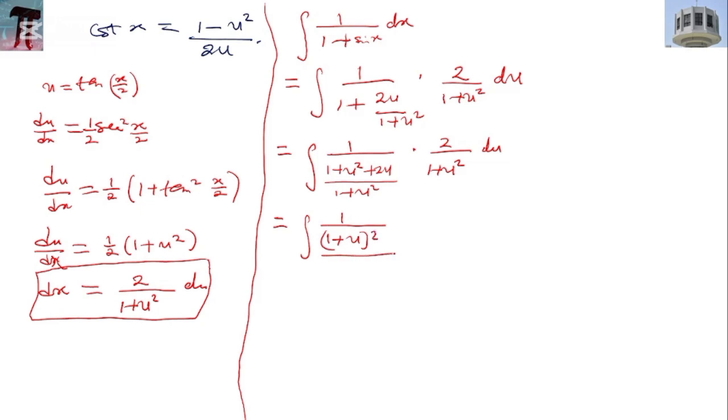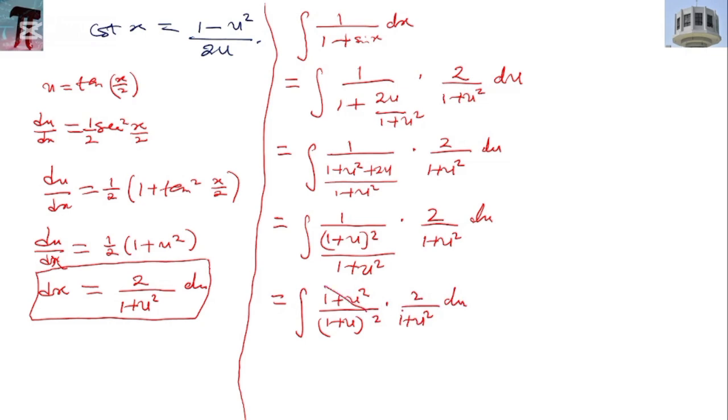So if we take this inverse, we get the integral of (1 plus u squared) over (1 plus u) all squared times 2 over (1 plus u squared) du. So this takes care of this, and we are left with the integral of, okay, this is a constant, 2 can come out, so we have 2 times 1 over (1 plus u) squared du.